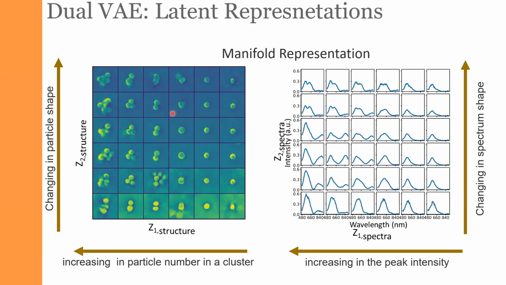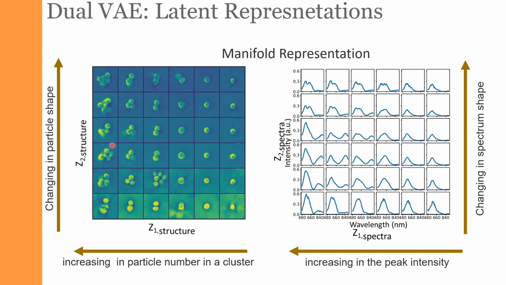The next thing that we can obviously do is to look at the latent representations when we decode the particle shape from this latent space, and we can also decode the spectrum from this latent space because we have access to both of them. Again, this looks very well behaved. On the right, we have monomers. If we move from right to left, you can see that we go from monomers into the dimers, trimers, and tetramers.